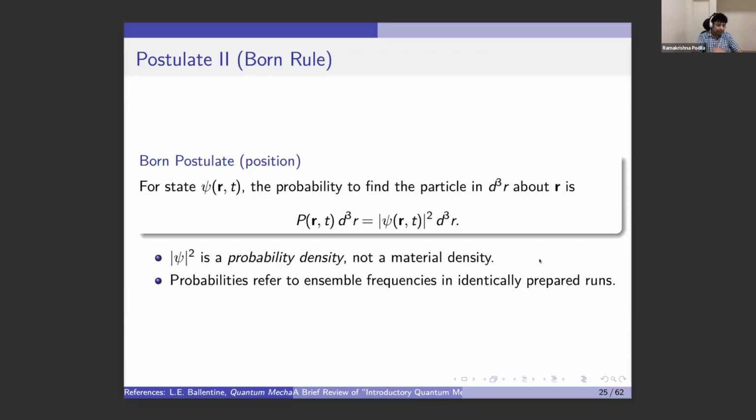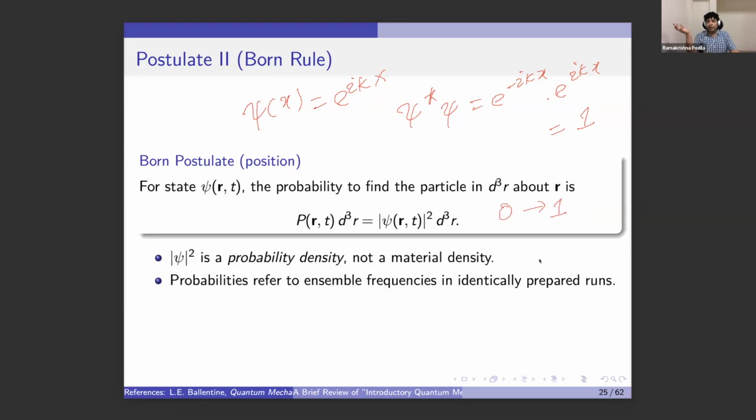For example, if I take a single plane wave, psi of x equals e to the power ikx, then psi square would be psi star, the complex conjugate, times the original psi, which is e to the power minus ikx times e to the power ikx, which gives you 1.